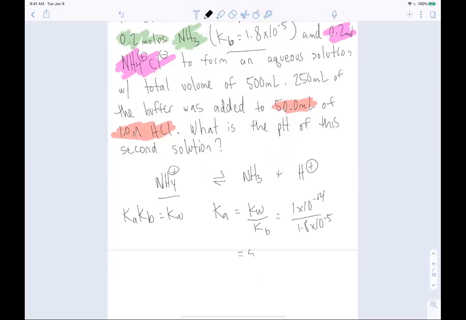So this is equal to 5.5 times 10 to the minus 10. So a pretty small equilibrium value for that.